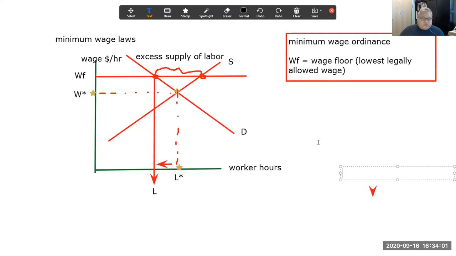So those are examples of regulations that would affect or alter the behavior of people in the so-called marketplace.